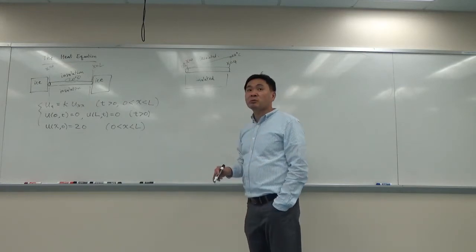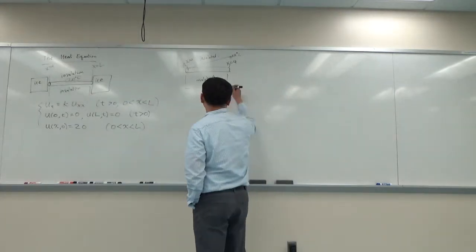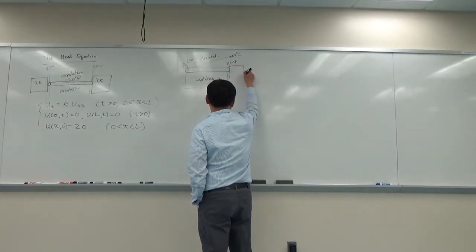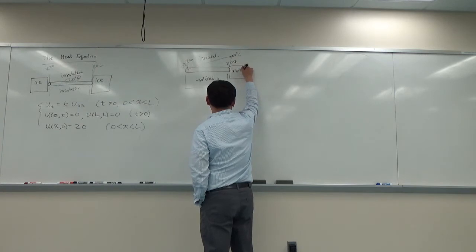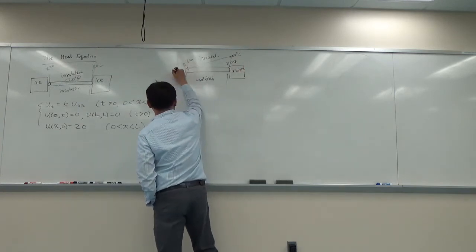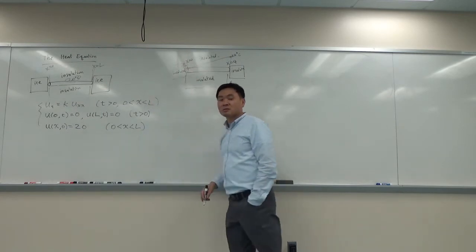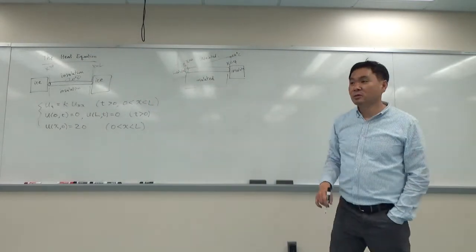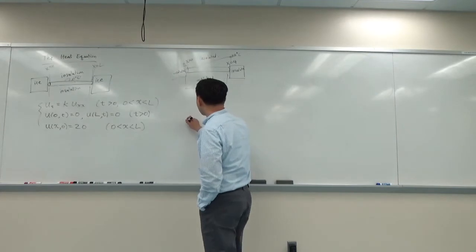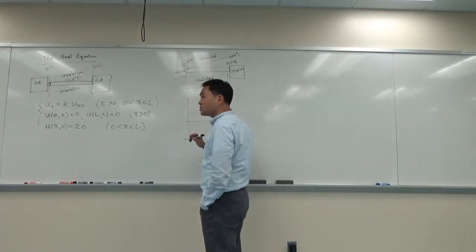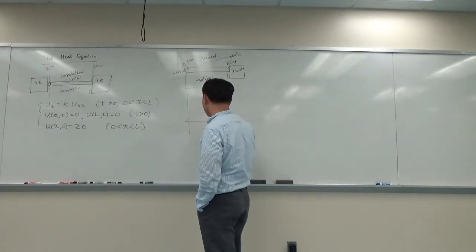And then for the boundary conditions, this is what I want to apply. I want to say that this end is again insulated, and this is also insulated. And this time it's a bit harder to imagine what's happening at the endpoints.